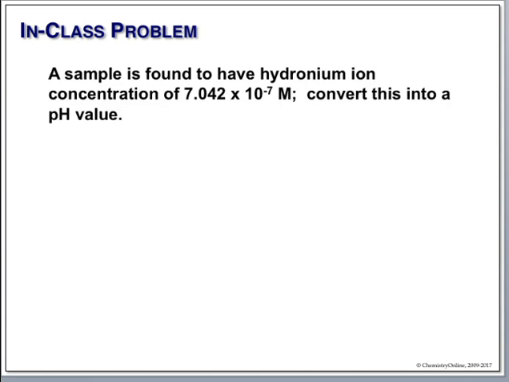All right, so let's do this the other way now. Here I give you hydronium. What's the pH? Here you're going to use your log button. Here's our given: hydronium, 7.042 times 10 to the minus 7.